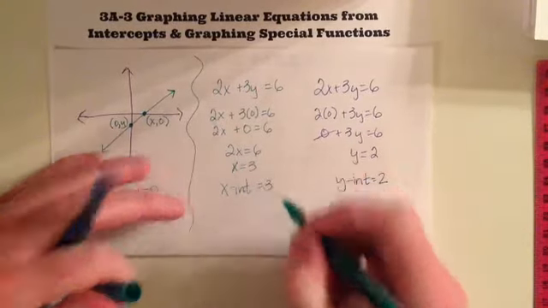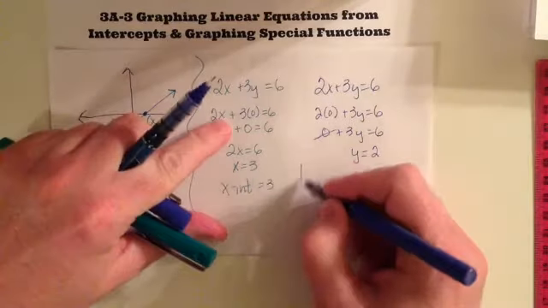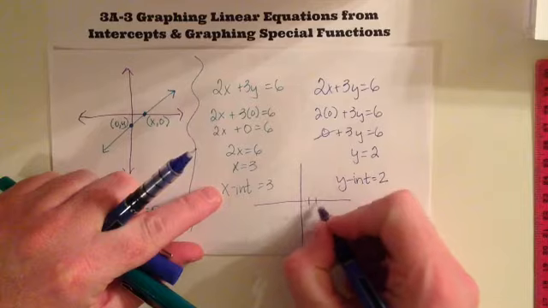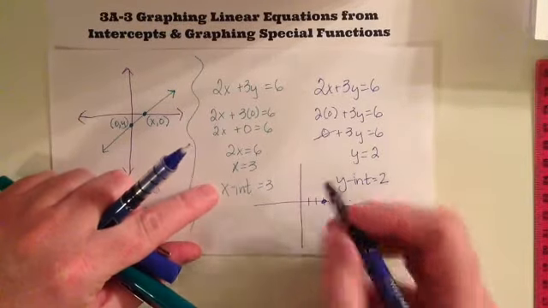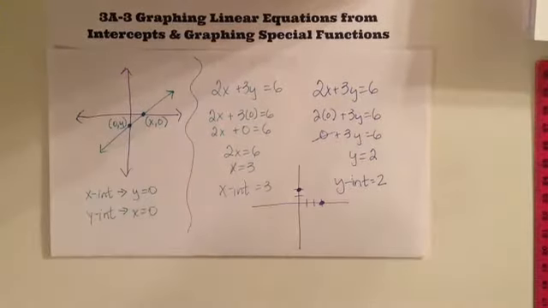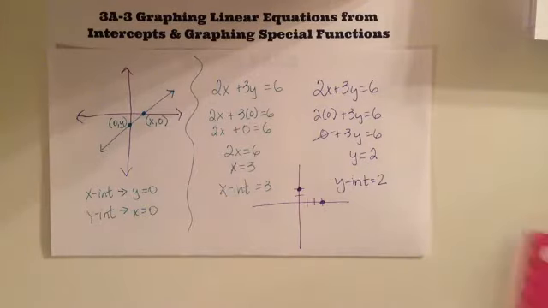And the x-intercept is 3. So I'm going to go to my coordinate plane and draw a new one. I go to the x-intercept of 3: 1, 2, 3, put a dot right there. And I know that the y-intercept is 2: 1, 2. Because I'm graphing with intercepts, I just have to have 2 points on the line.